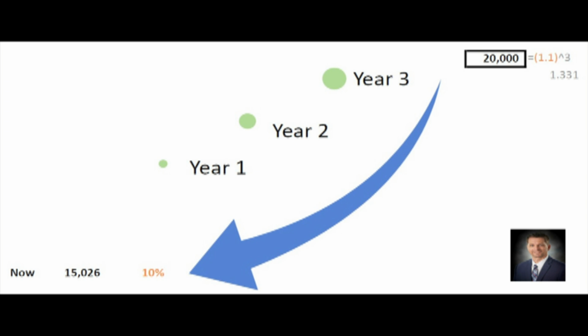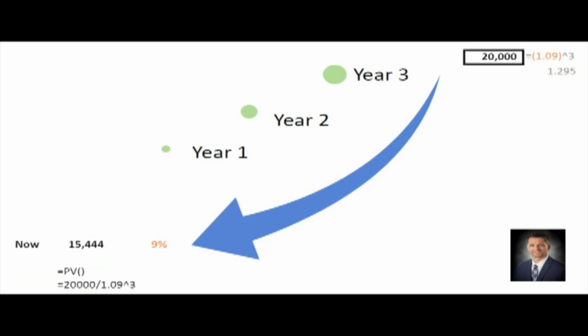But what if that discount rate was 9%? Okay, so we have to wait 3 years to get $20,000, but if our discount rate is 9%, that changes our factor. Okay, 1.09 raised to the third power, you'll see in the upper right-hand corner, the factor is 1.295.